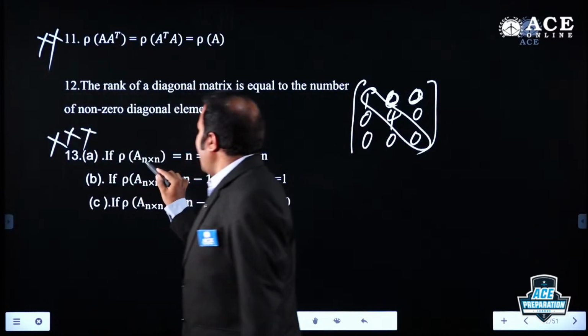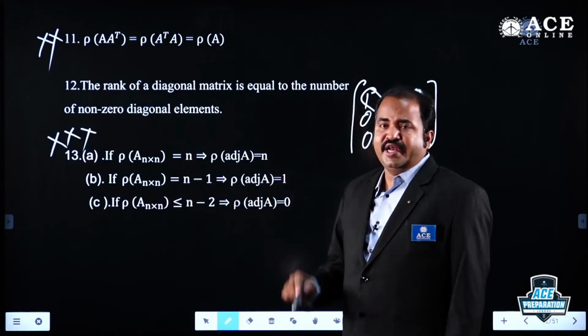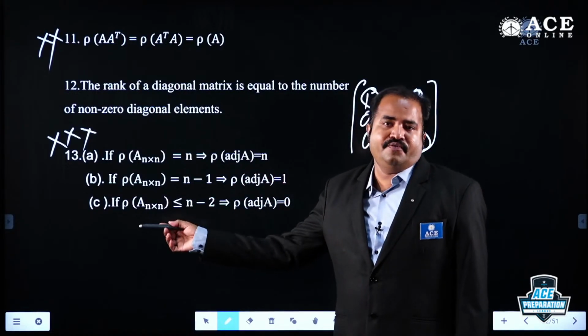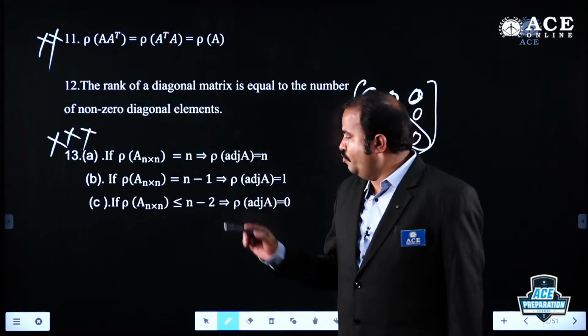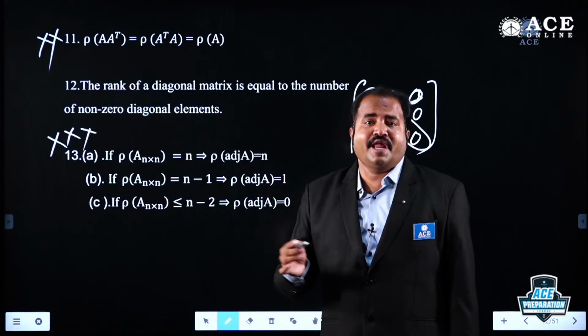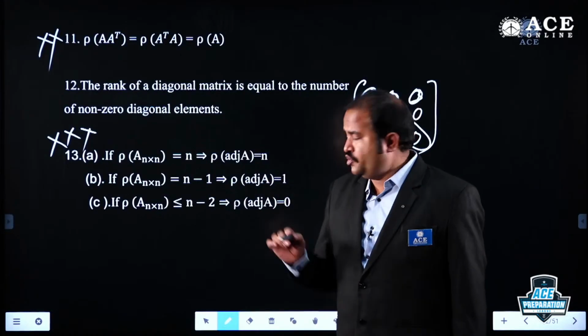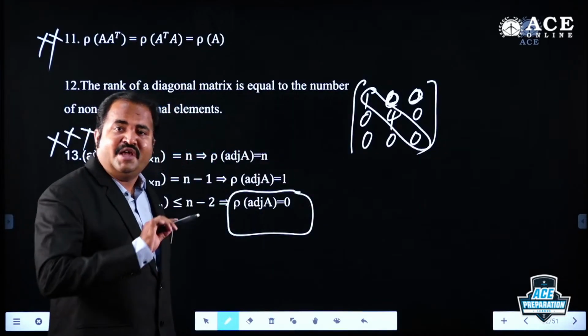And this 13th one is a very important property. Look at rank of an n by n square matrix equal to n, then rank of adjoint is also n. If rank of an n by n matrix is equal to n minus 1, rank of adjoint A is equal to 1. If rank of an n by n matrix is less than or equal to n minus 1, then rank of adjoint A is going to be 0. But what I told you, rank of A never becomes 0.